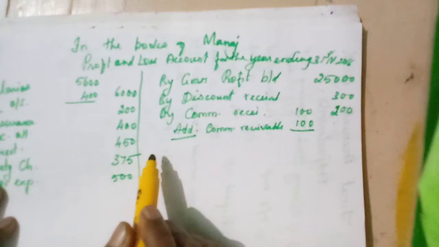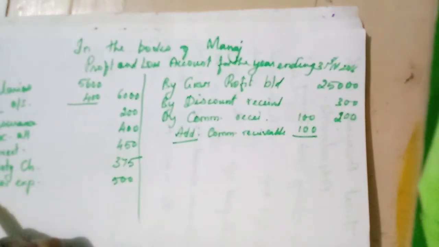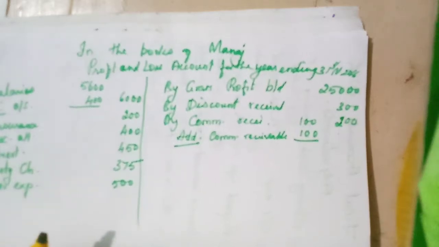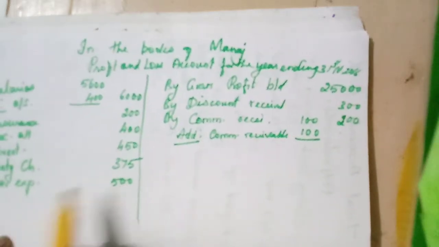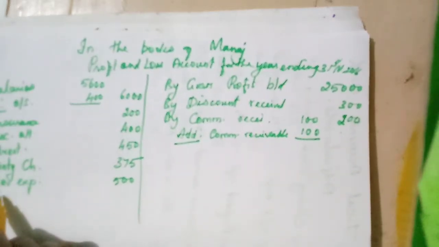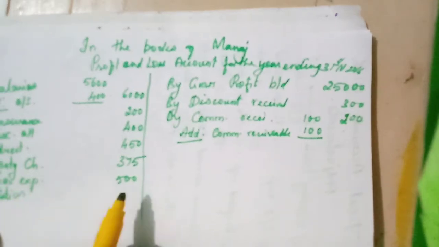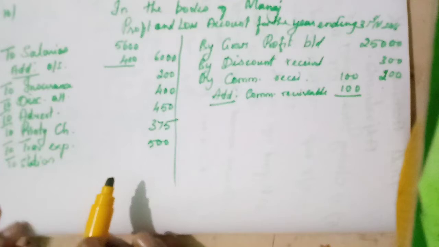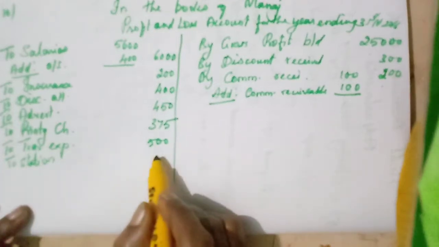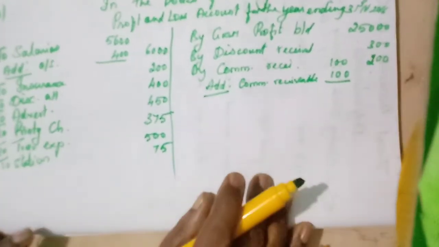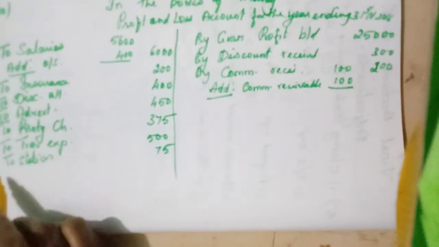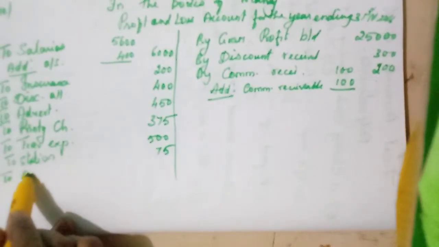Advertisement. Stationery. Traveling expenses. Stationery. Now one more adjustment: rent paid in advance. Only that one we have to do the adjustment. Stationery 75. Rent, we have adjustment.